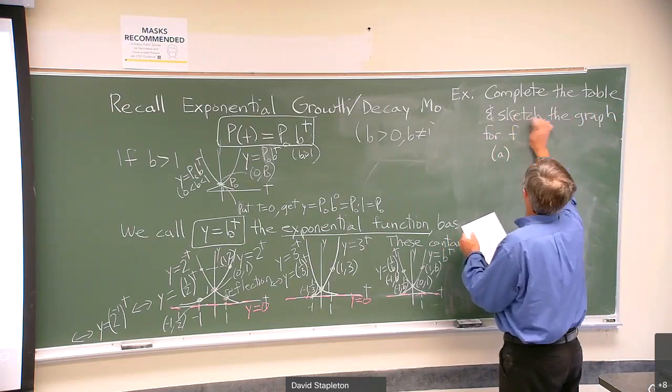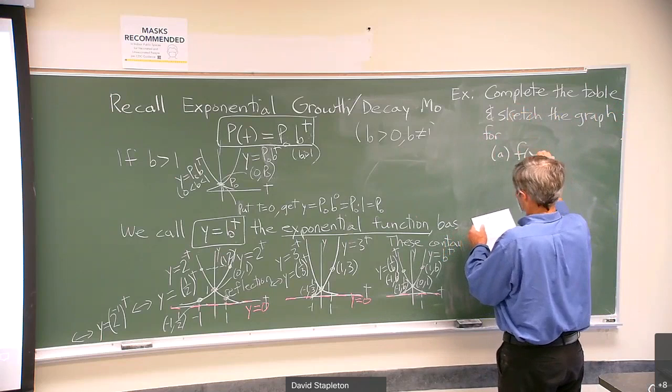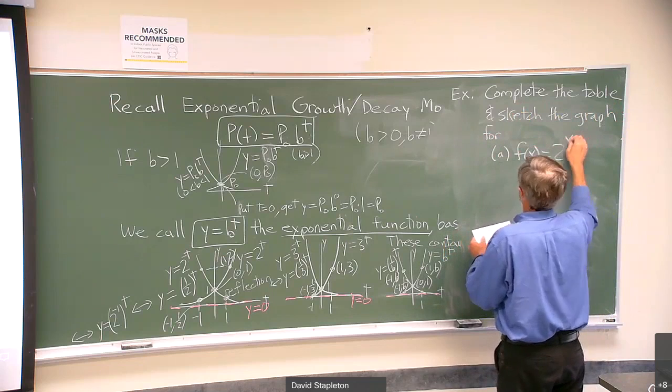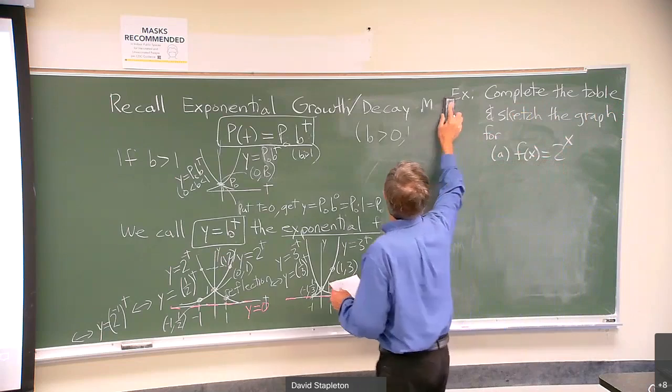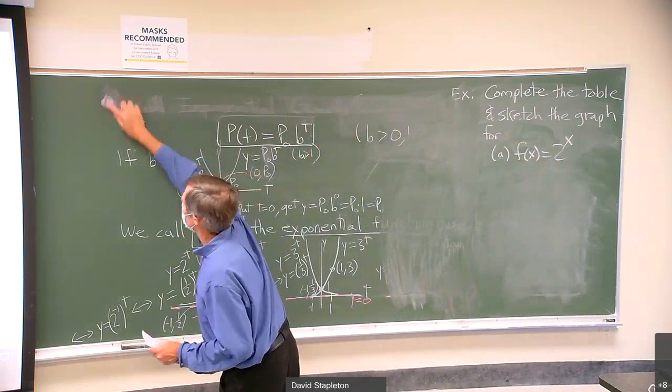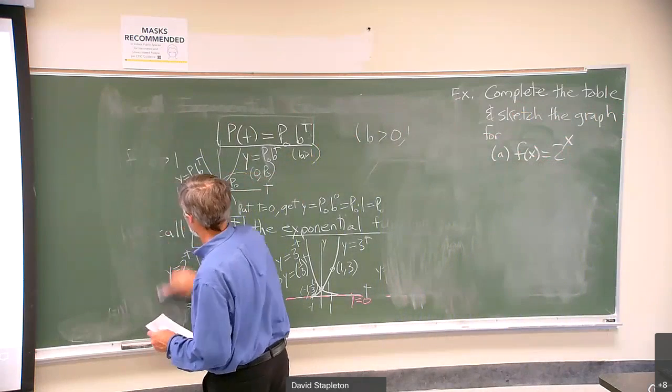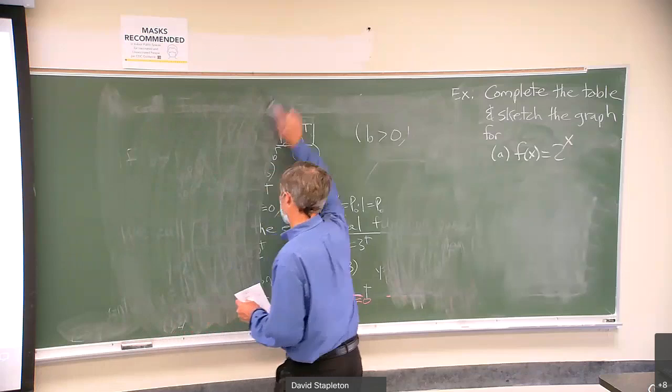A: f of x equals 2 to the x. So I'm going to complete a table. Put just a few values in here.